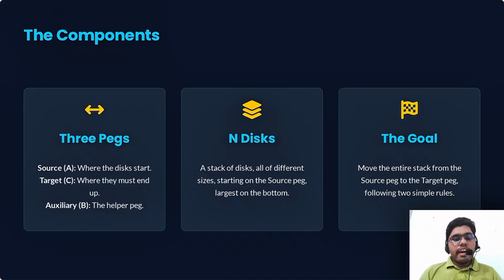Third, an auxiliary or helper peg, which we will call B. And we have n disks. These are all different sizes and they start on the source peg in a stack, with the largest on the bottom and the smallest on top.